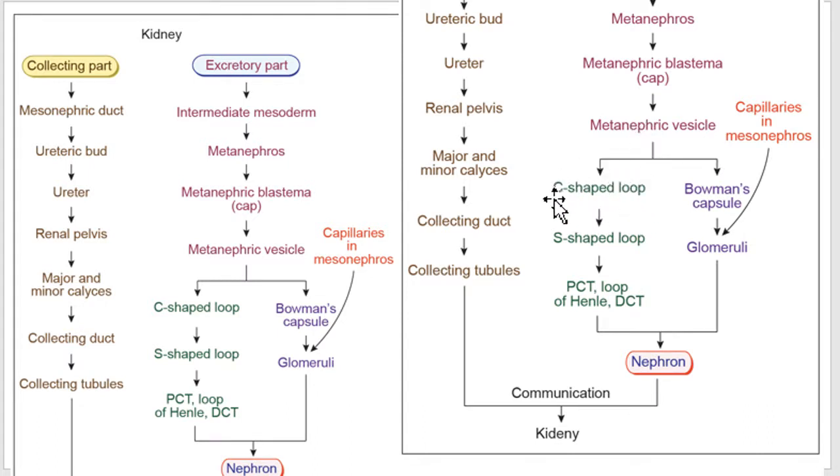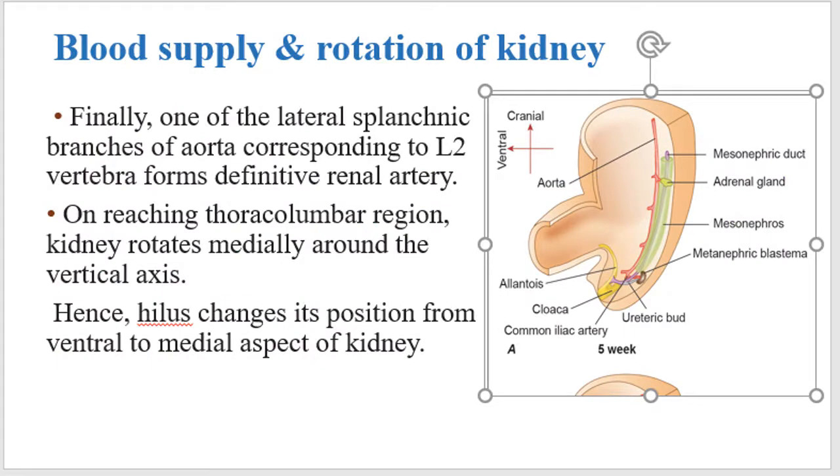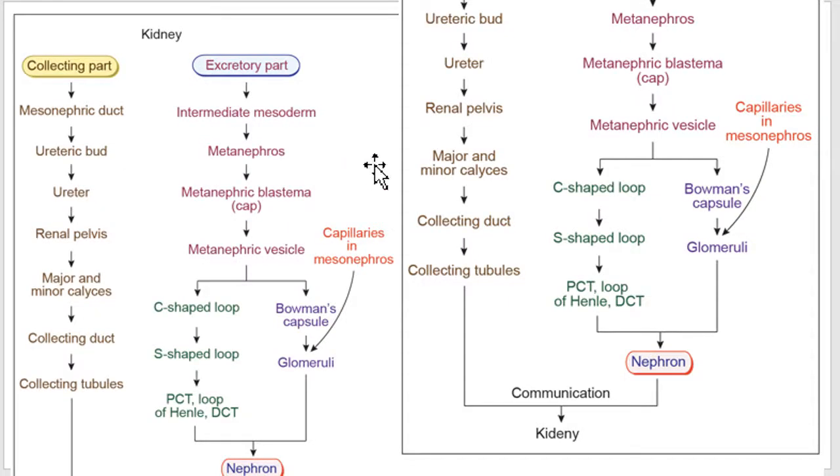Then it forms a C-shaped loop, and it elongates and forms an S-shaped loop, which forms the proximal convoluted tubule, distal convoluted tubule, and loop of Henle. There is a capillary at the other end of these loops that forms the Bowman's capsule and glomerulus.